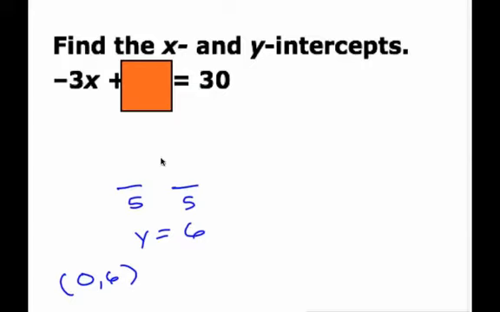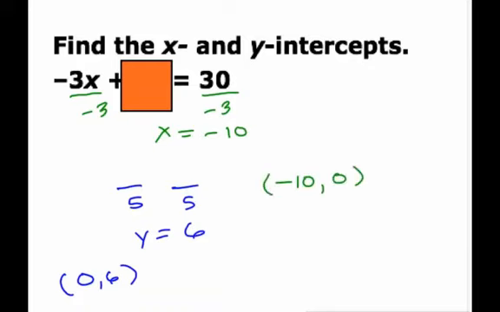And I'm doing the same thing that I was doing before. I'm going to divide both sides by negative 3 and get x equals negative 10. So when x is negative 10, we know that y is 0. So those are our two intercepts: our x-intercept, (negative 10, 0), and our y-intercept, (0, 6).